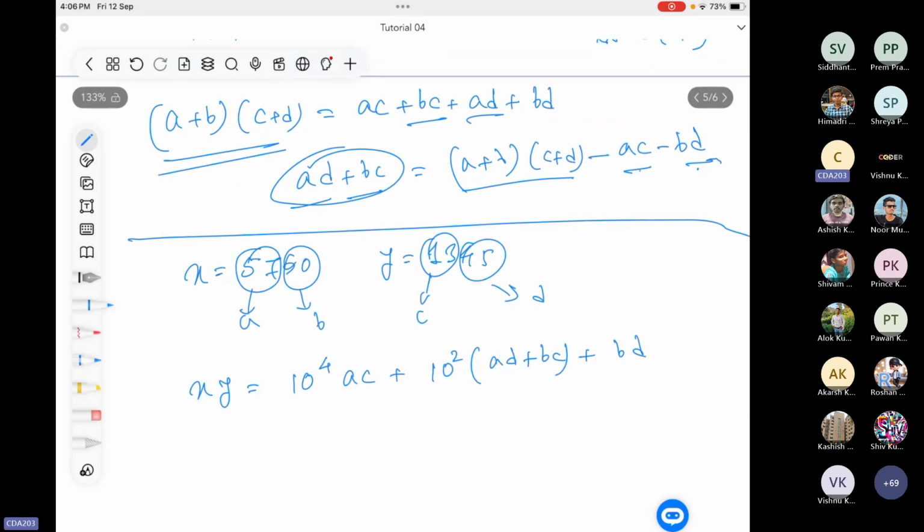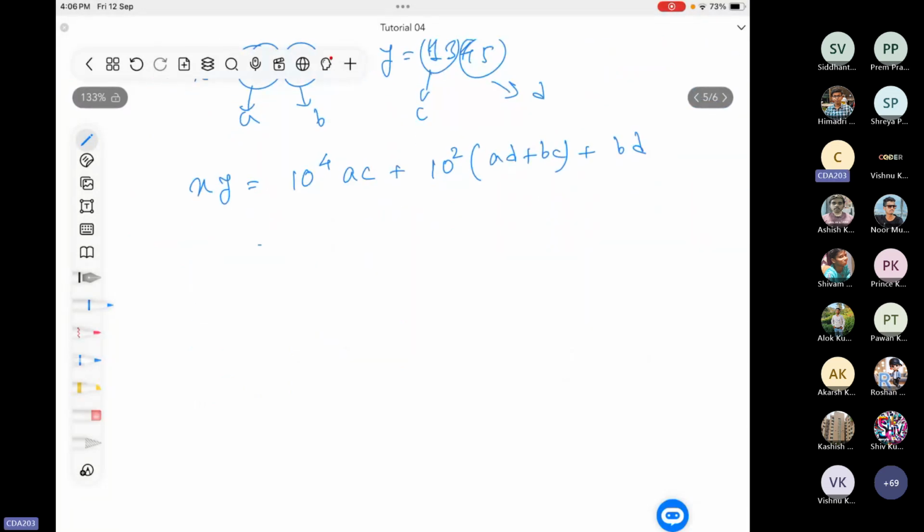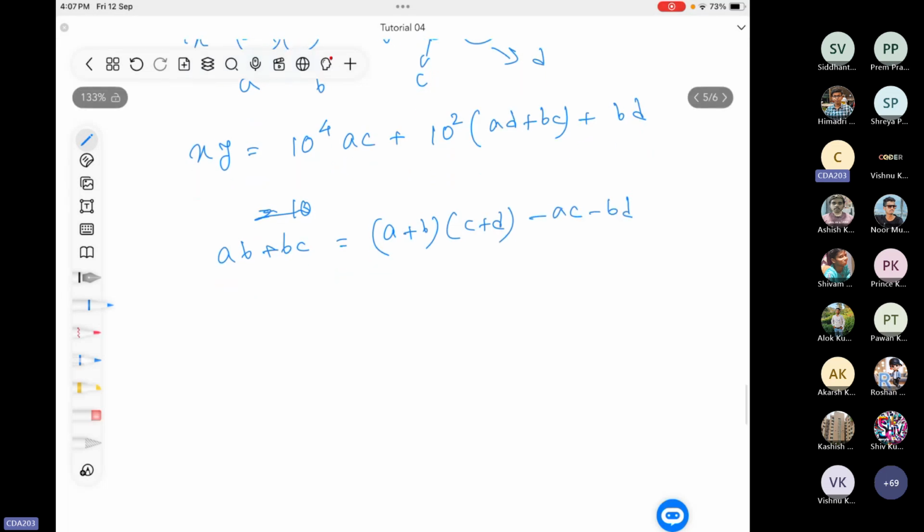Okay, fine. So next, we compute AD plus BC. That is nothing but A plus B into C plus D minus AC minus BD. So we'll focus on these computations.